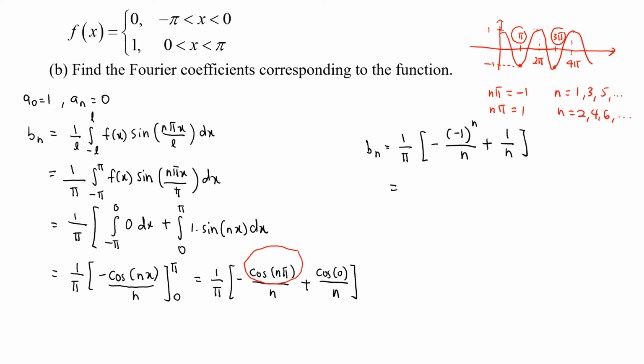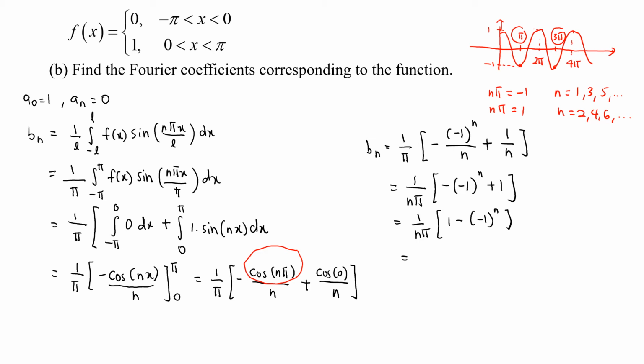So now we take out n to the outside, so we get 1 over n pi, negative 1 to the power of n plus 1. Or we rewrite this as 1 over n pi, 1 minus negative 1 to the power of n. Okay, so we can simplify this.